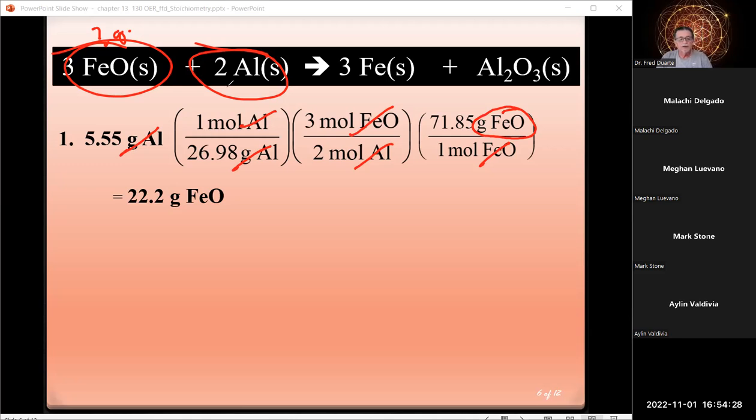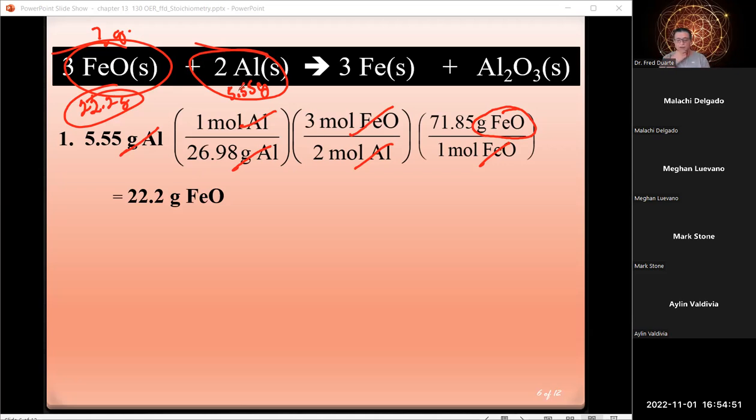If I start off with 5.55 grams of aluminum, I need 2.2 grams of iron 2 oxide for this reaction to proceed, okay? That is what it's telling you, and that's what your calculation says, and that's what you actually do in the lab.